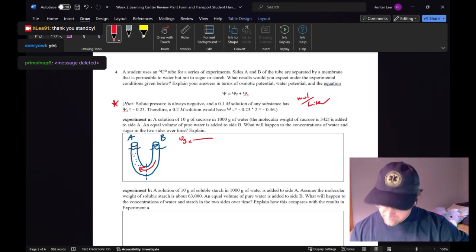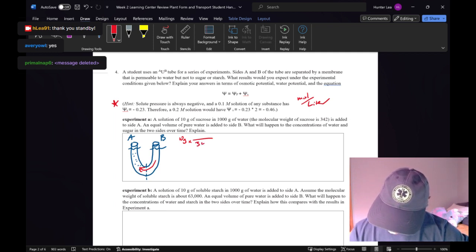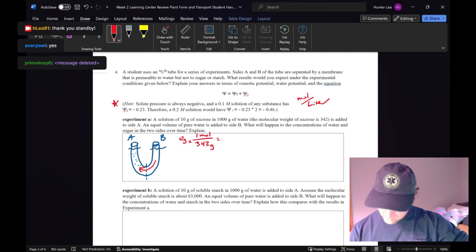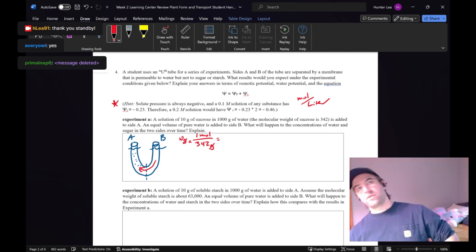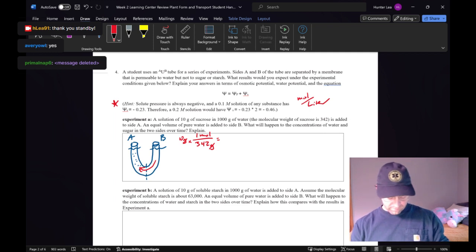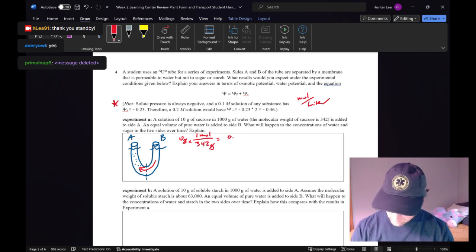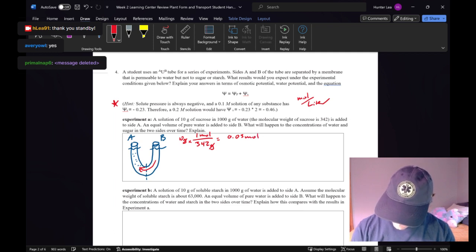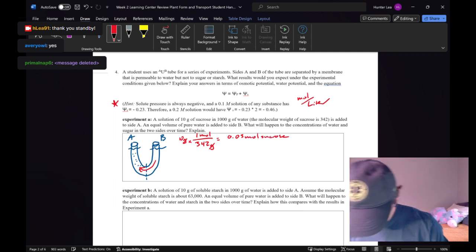We know that sucrose has a molecular mass of 342 grams per 1 mole of sucrose. 10 divided by 342 gives us 0.029 moles. We'll round that to 0.03 moles of sucrose.